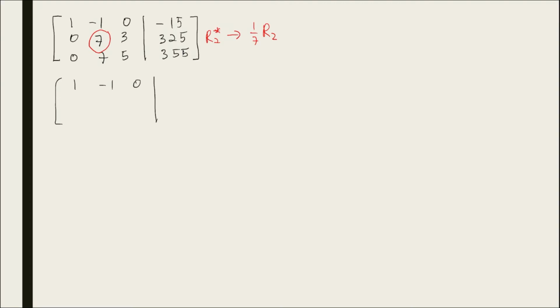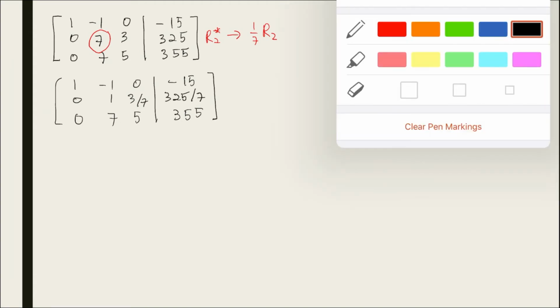Row 1 and row 3, nothing changed, so we just write back. The new second row is 0, 1, 3 per 7, 325 per 7.